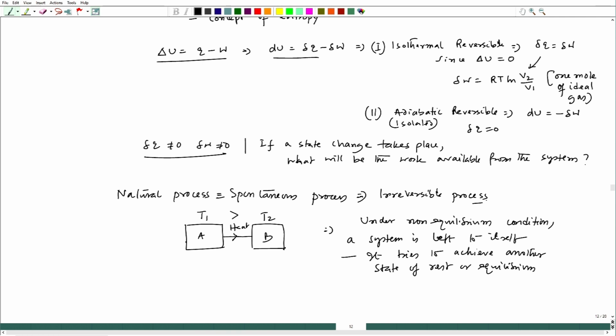So, the system is under non-equilibrium condition, it would achieve equilibrium, and when it tries to achieve equilibrium, we can also see the direction of change. For example, if T1 is greater than T2, then heat would flow from A to B. Heat will never flow from B to A under spontaneous condition, under left to itself condition. So, that is a spontaneous process or natural process.